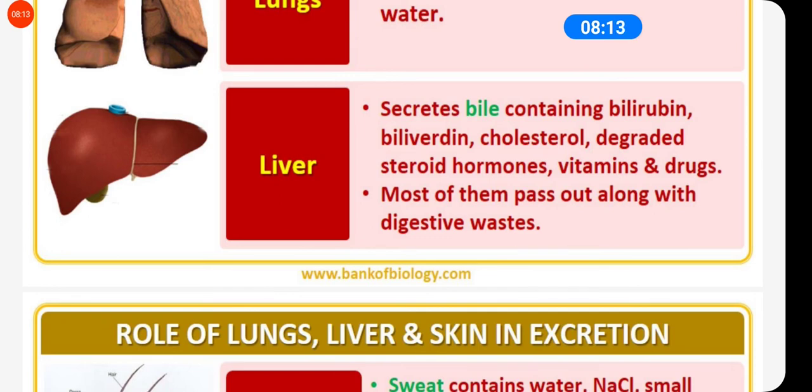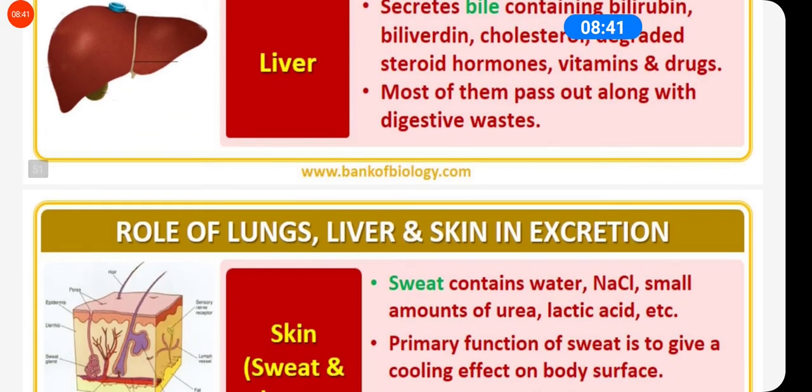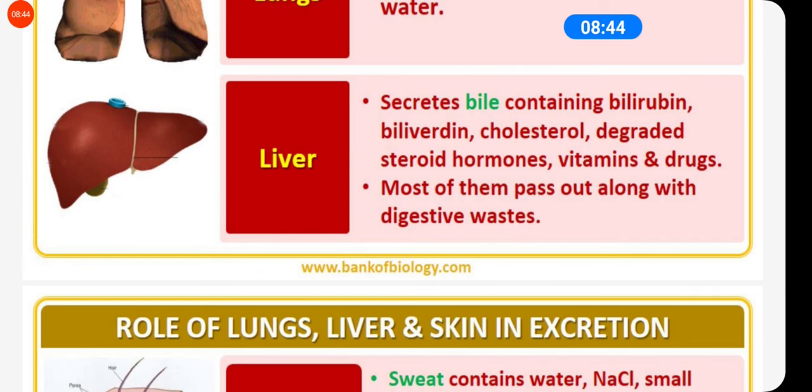If these pigments are passed into the alimentary canal, they are eliminated in feces. The liver also deaminates, which means it breaks up amino acids present in excess. The liver deaminates the excess and unwanted amino acids, producing ammonia, which combines with carbon dioxide to form urea in the urea cycle.